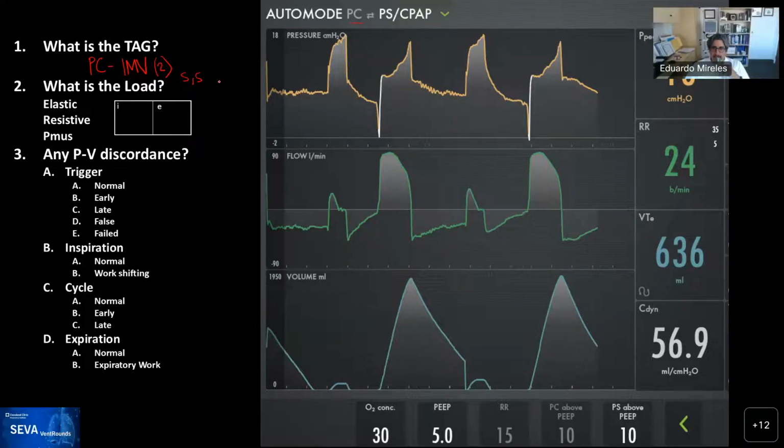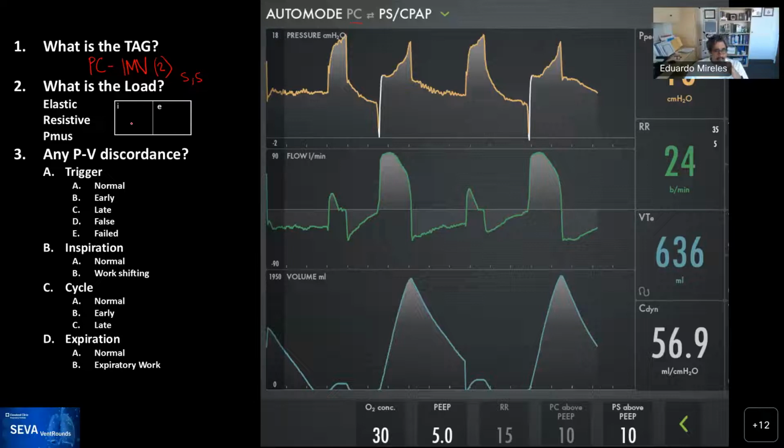Okay, go ahead, Rob. Any comments on that, on the tag? No, I was just going to comment that in this case you have the mandatory and you have the spontaneous. So what you're telling us is that if the rate of the patient's spontaneous breaths is high enough, then we should not be seeing the mandatory breaths, right? That's right. Okay.